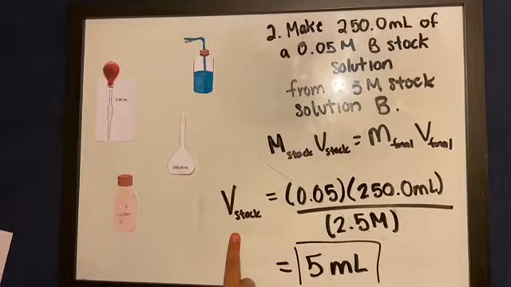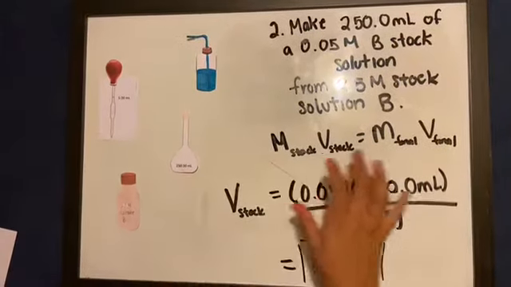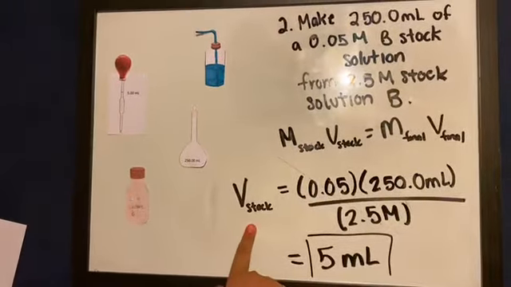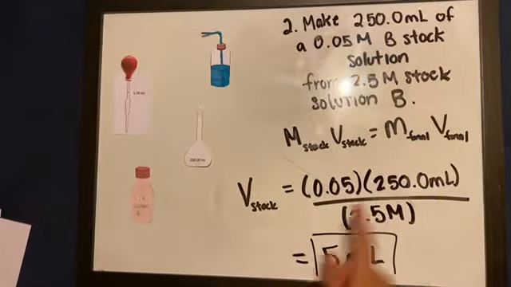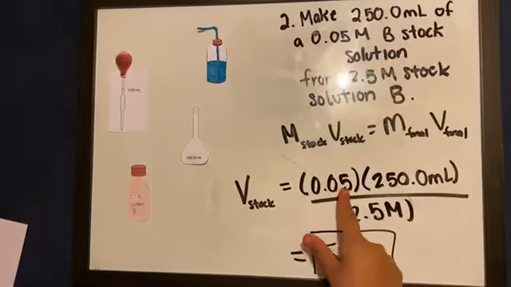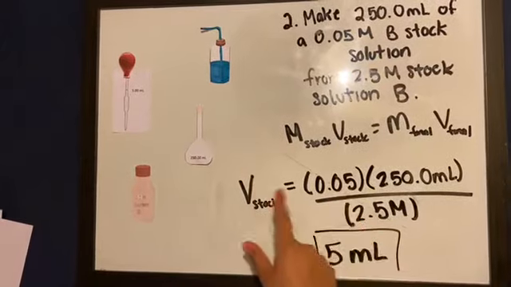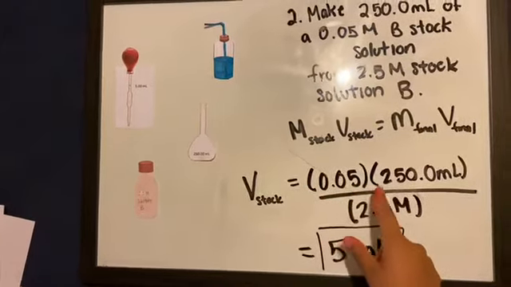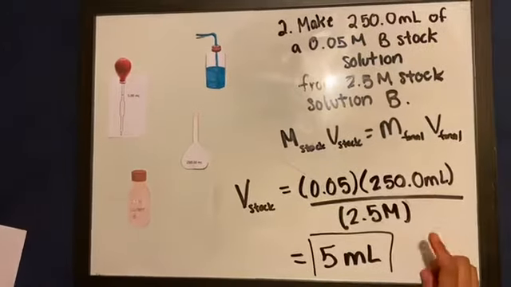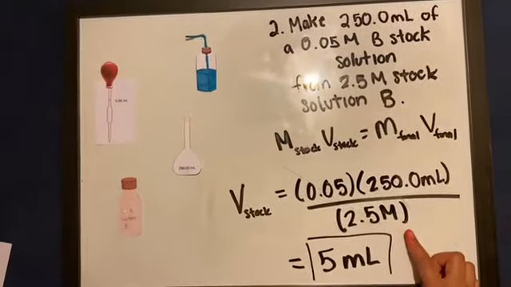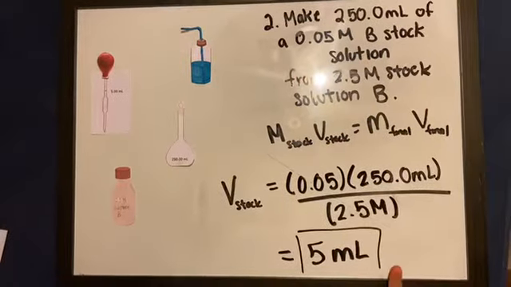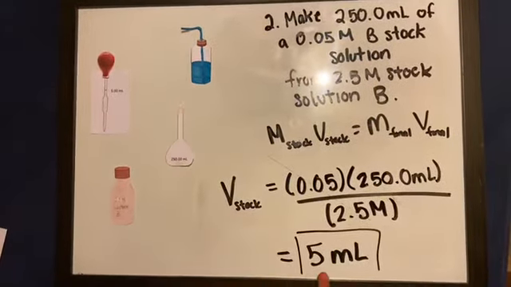After plugging everything in and then dividing the M stock onto the other side to get the volume stock, you plug in your given numbers. So 0.05 molarity of the final solution and 250 milliliters volume of the final solution divided by 2.5 molarity of the stock solution, you're going to get your volume of the stock to be 5 milliliters.